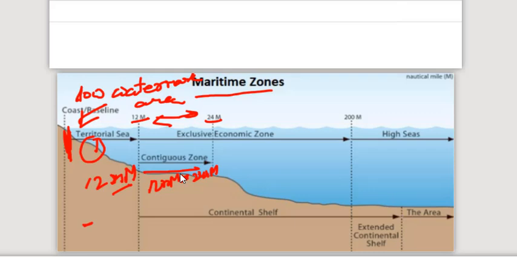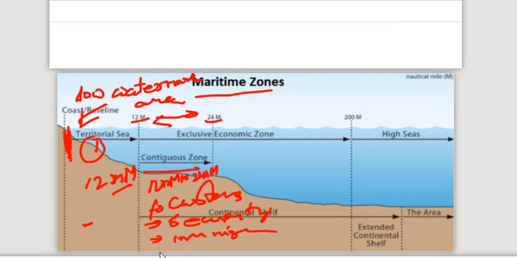The coastal state does not have full sovereignty over the contiguous zone, but it can enforce laws related to customs, security, immigration and sanitation in that area. In the contiguous zone, the country has limited authority over this area.